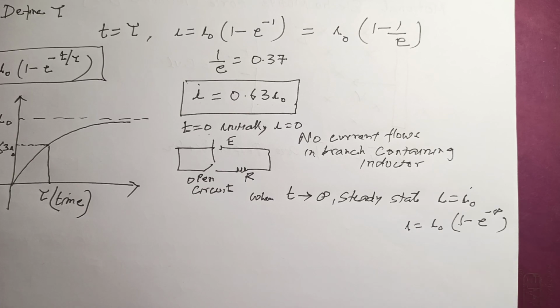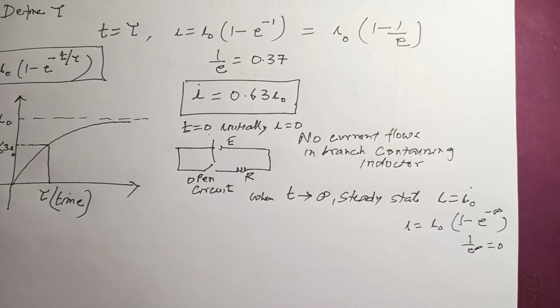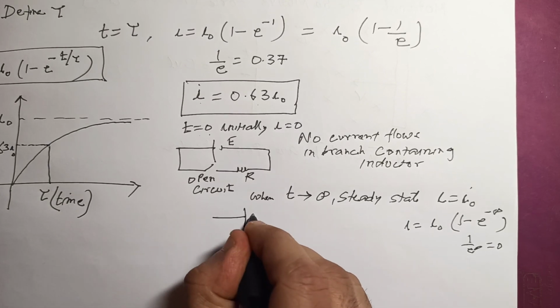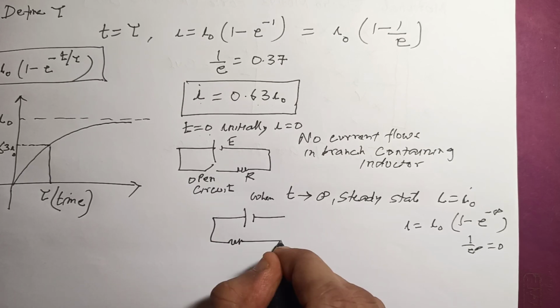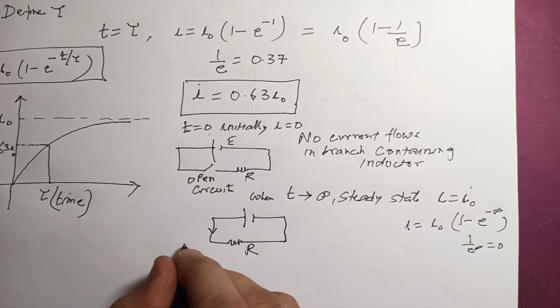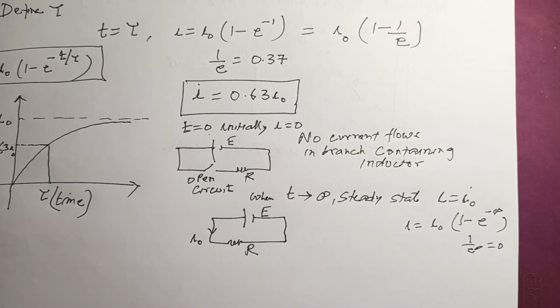And e to the power minus infinity is 1 by e to the power infinity, and 1 by infinity is nothing but 0. Okay, so in that case the circuit would be such that inductance doesn't come into play at all. Okay, so after this let's do some questions related to it.